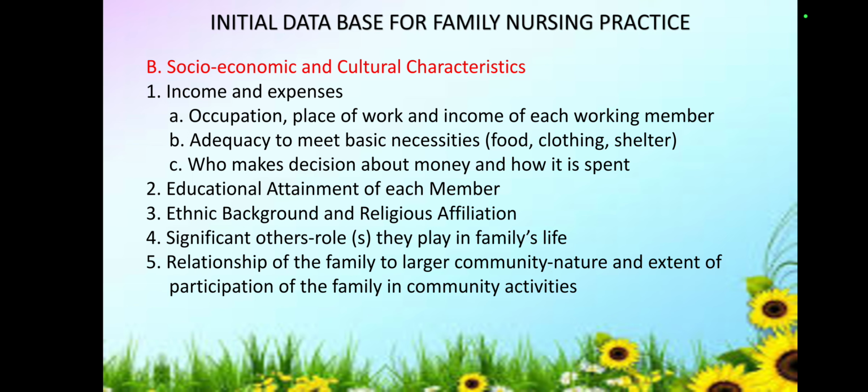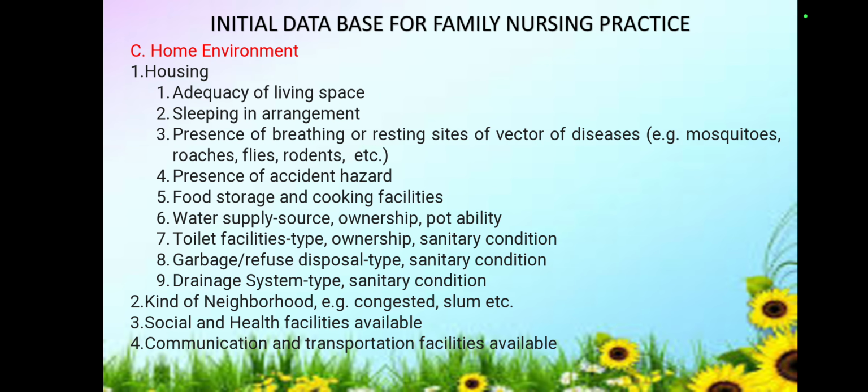So, we don't judge. Okay, we have ethnic background and religious affiliation, the significant others roles they play in their family's life and the relationship of the family to our larger community, and the extent of participation of the family in the community activities.